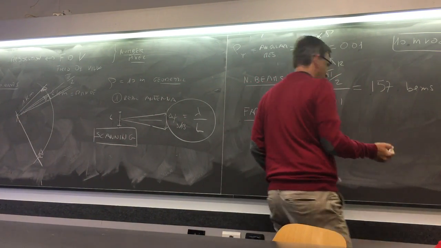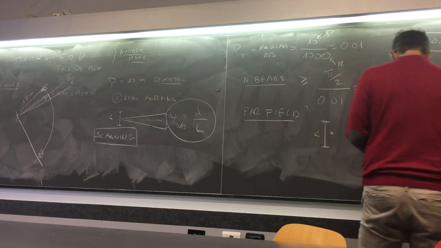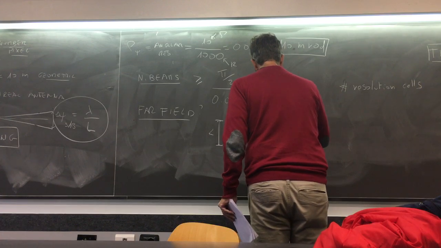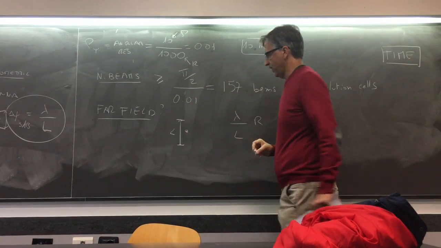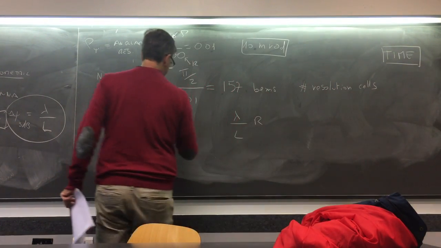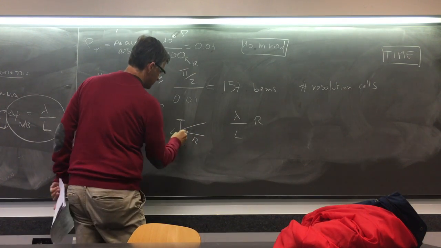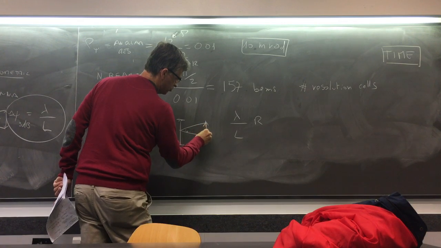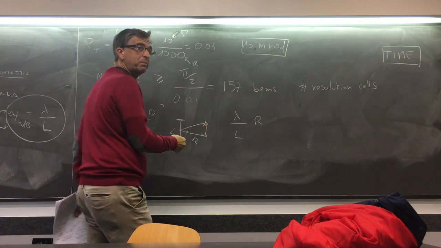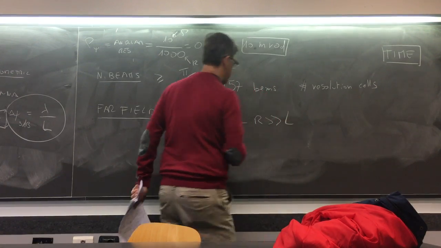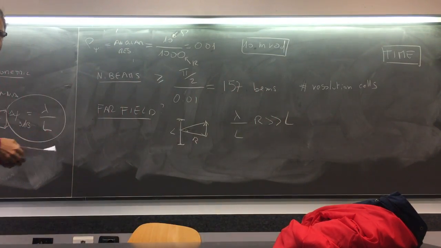Here you cannot generate a focused beam at this length. So your resolution is this one. This is the resolution that you consider at a distance R, and this resolution here, of course, should be bigger than L. You want it to be really small, but you want it to be bigger than that.